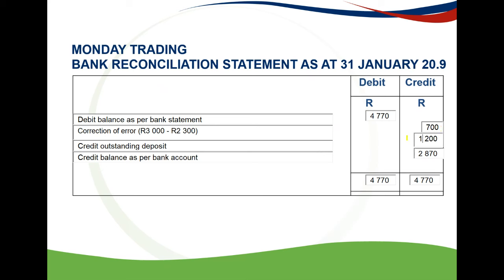And then after you have done those things, if you corrected this 4,770 with the 700 and with the 1,200, your bank statement will reflect, as per your bank account in the general ledger, a balance of 2,870.